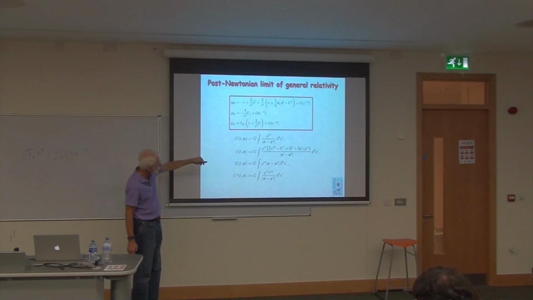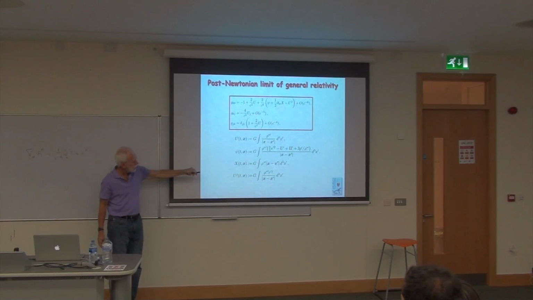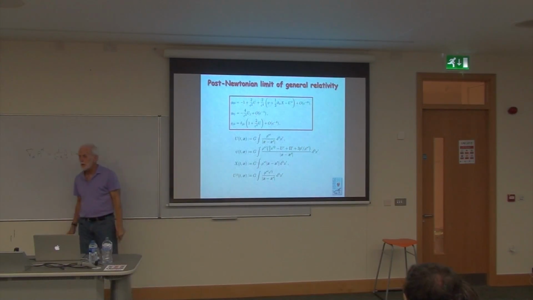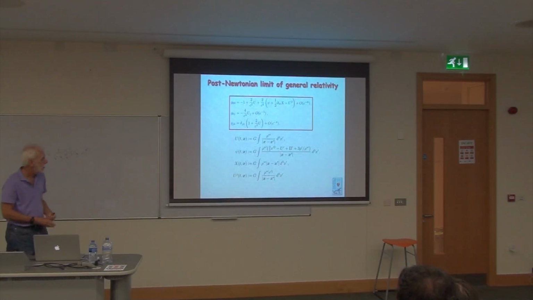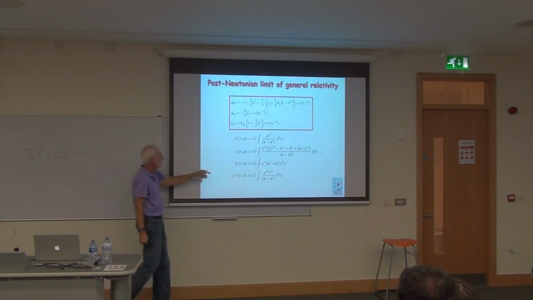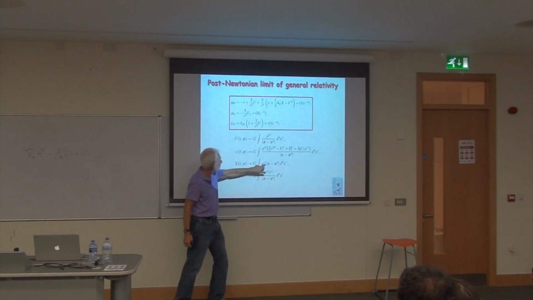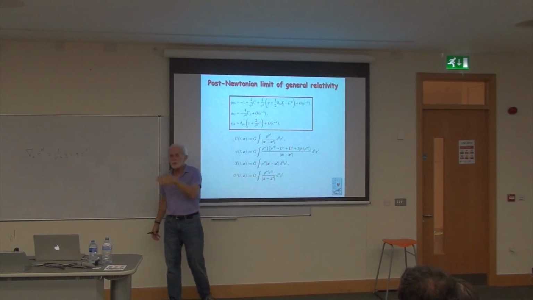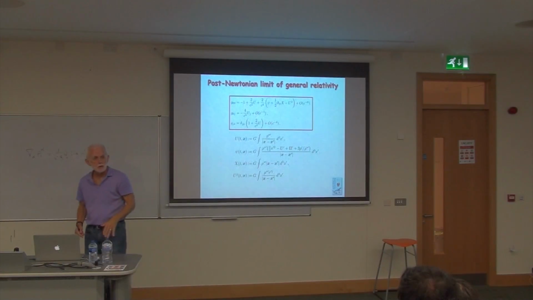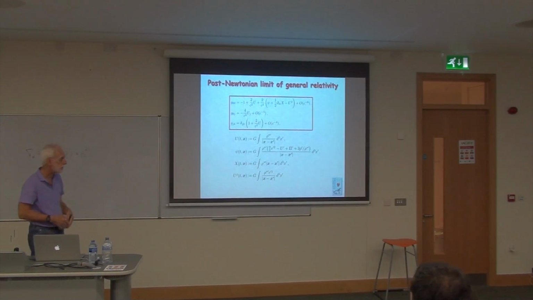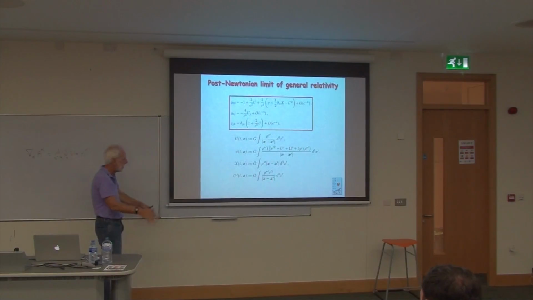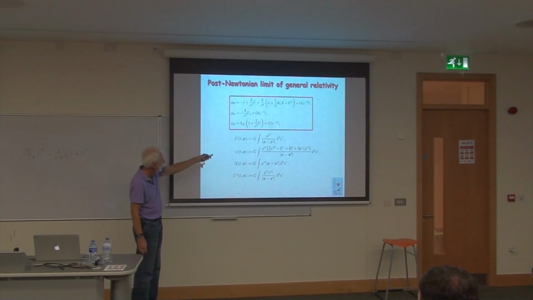It's called a superpotential, because x minus x prime is in the numerator, not in the denominator. And this particular term, the 2 time derivatives, is the manifestation of the retardation of the field in general relativity. It's the retardation in that flat spacetime wave operator. So it gives us 2 time derivatives of this superpotential.